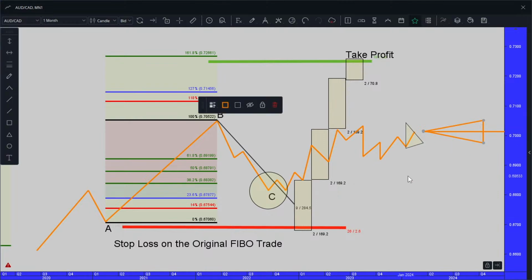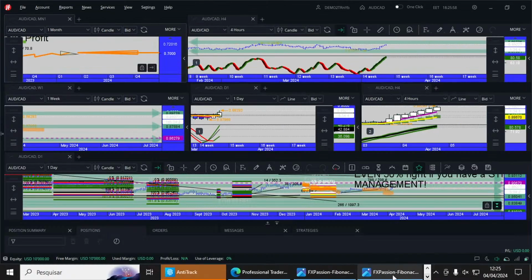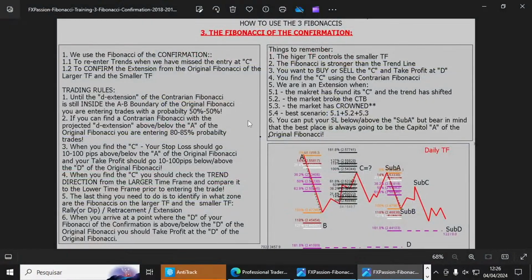Don't worry, because you have the Fibonacci of the confirmation to re-enter trends. Alright, everybody? The Fibonacci of the confirmation.